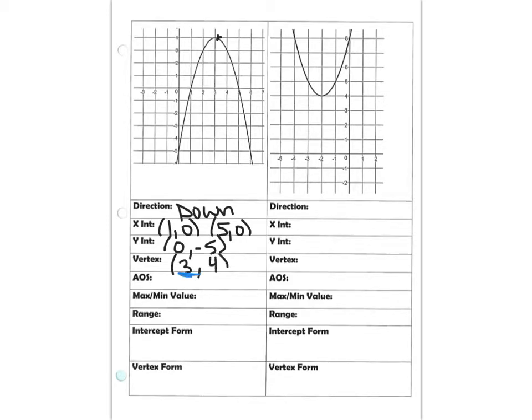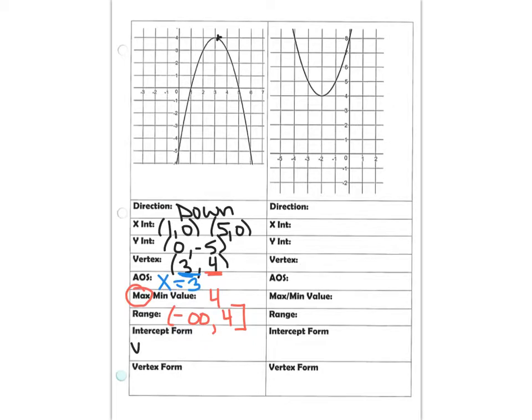My axis of symmetry is x equals the x value of the vertex. This graph has a maximum, and the maximum value is the y value of the vertex, and that helps me with my range. It goes down forever to -infinity, and then goes up until we hit 4 with a straight bracket.